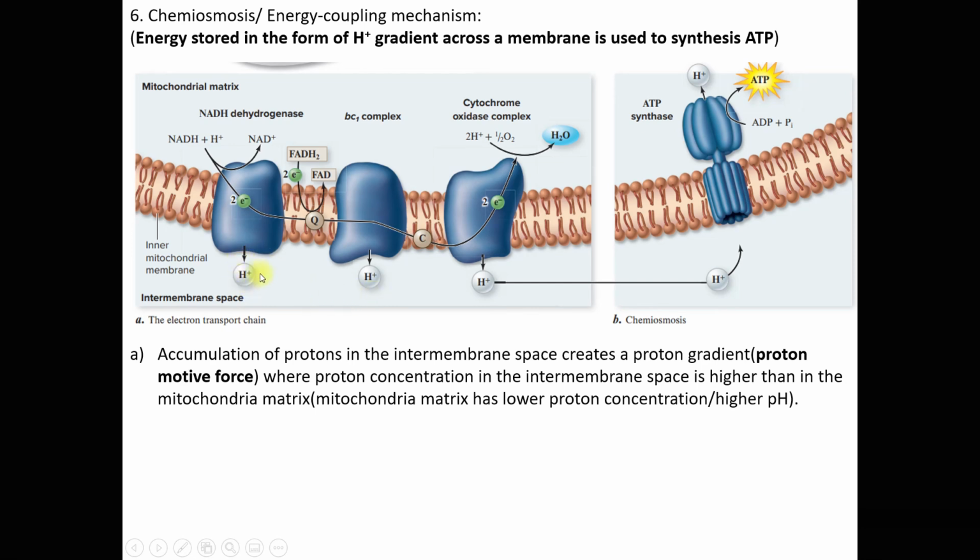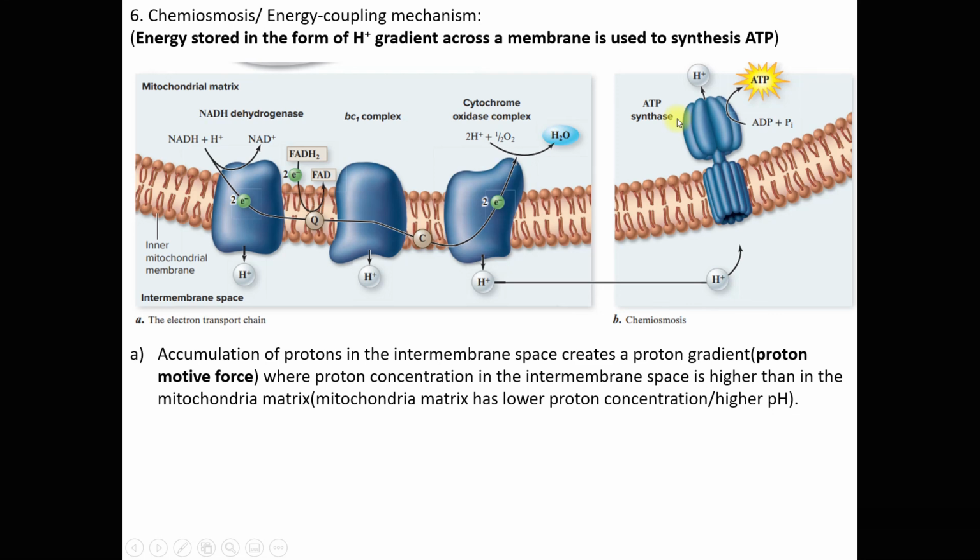Because these protons are being pumped into this intermembrane space by complex 1, complex 3, complex 4. Okay, so again, let me rephrase. Accumulation of protons in the intermembrane space will create a proton gradient, where proton concentration in the intermembrane space is higher than in the mitochondrial matrix. So meaning to say the mitochondrial matrix has lower proton concentration.